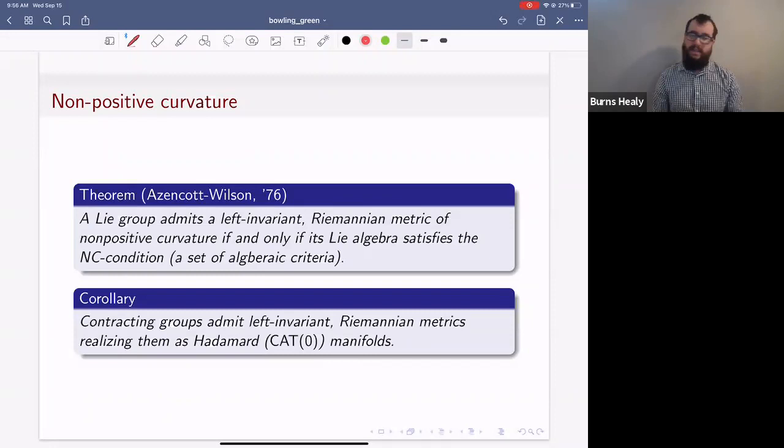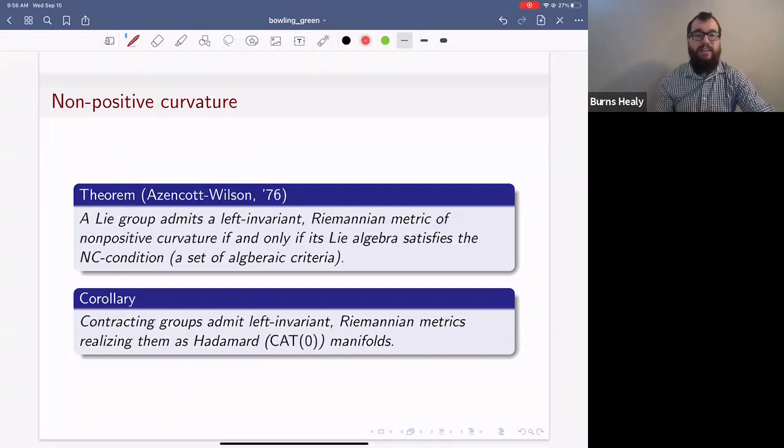So look only at the algebraic information about the Lie algebra. I mean, it's all a Lie algebra has, right? If it satisfies conditions 1, 2, 3, 4, and 5, boom, you've got a CAT(0).